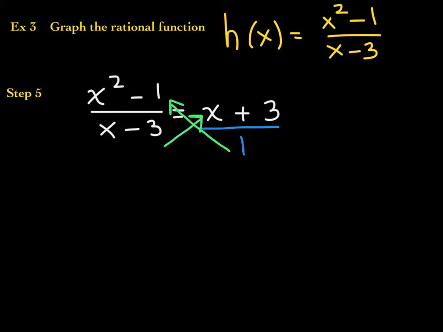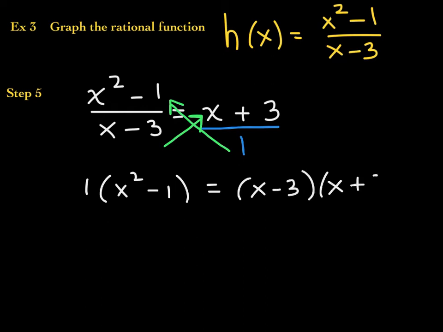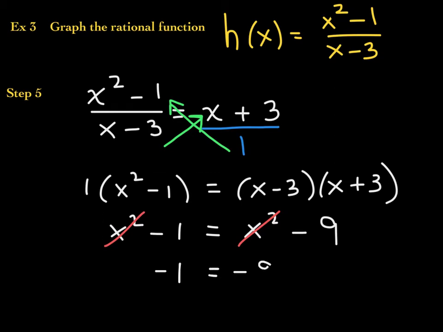And so then you would have 1 times x squared minus 1 must be equal to x minus 3 times x plus 3, which is basically x squared minus 1 is equal to x squared minus 9. After you distribute all of this out, you get x squared minus 9. Notice that x squared and x squared cancel out, leaving you with a contradiction that negative 1 is equal to negative 9.